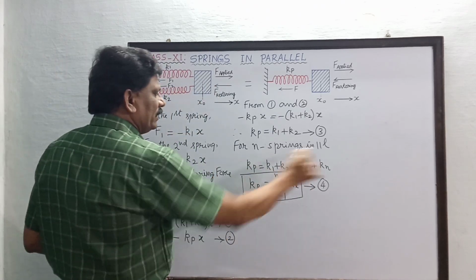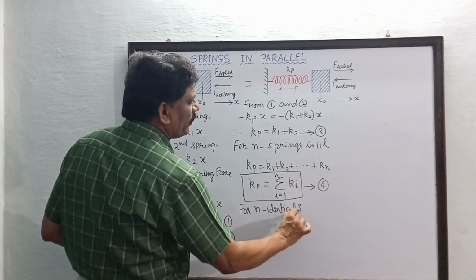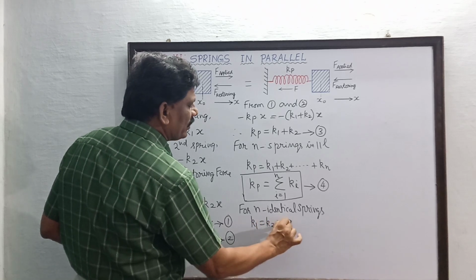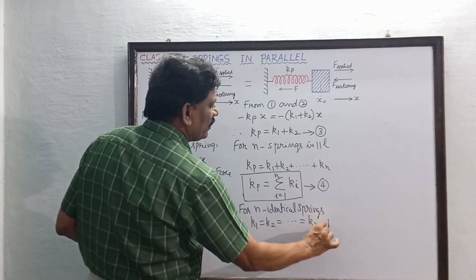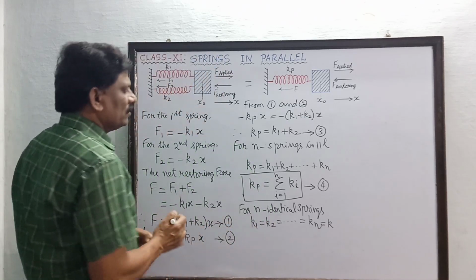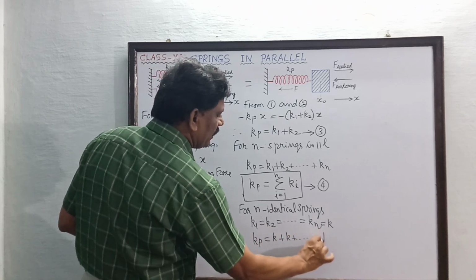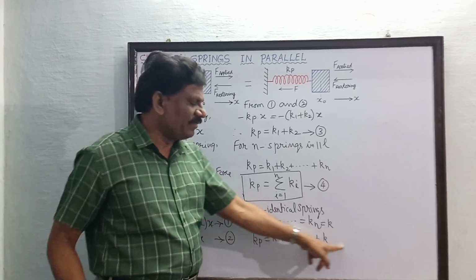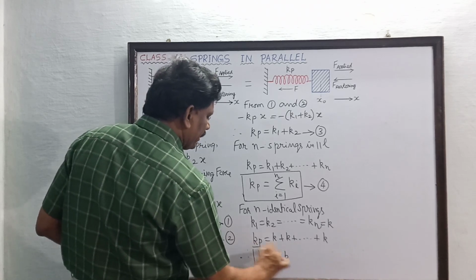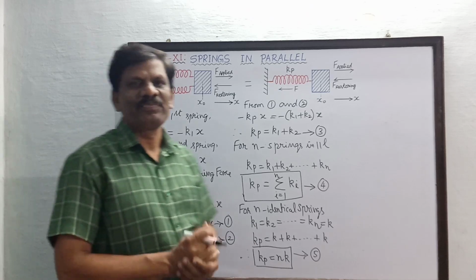Suppose all the n springs are identical, that is K1 is equal to K2 is equal to etc. up to Kn, that is equal to K itself, so that all the springs have the same spring constant K. Now Kp will be equal to K plus K etc., up to the last nth term also K. So n number of terms when we are adding, therefore K parallel will be equal to n times K. This is also another very important step for competitive exam going students.